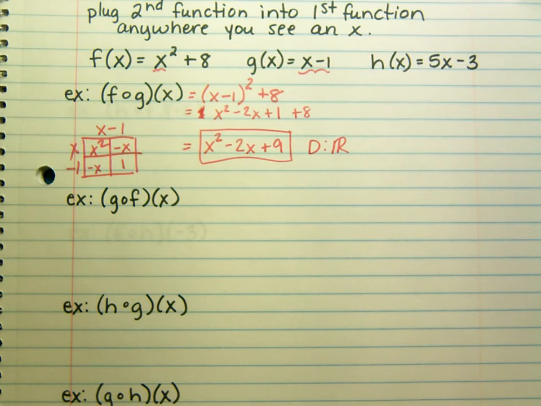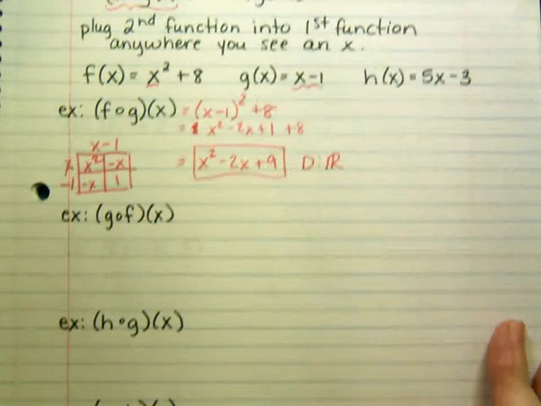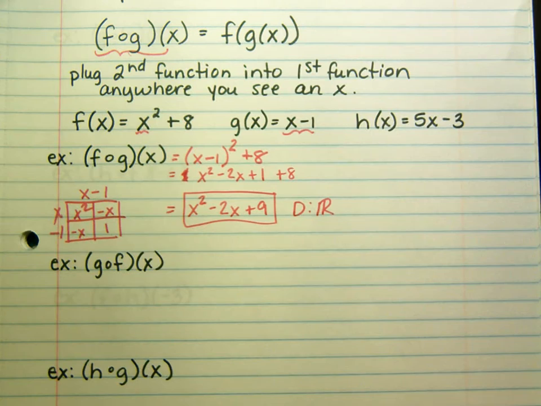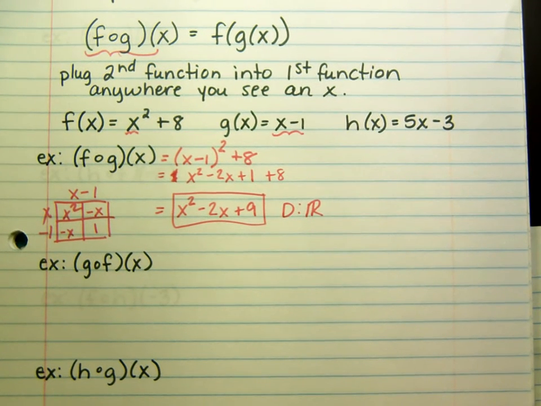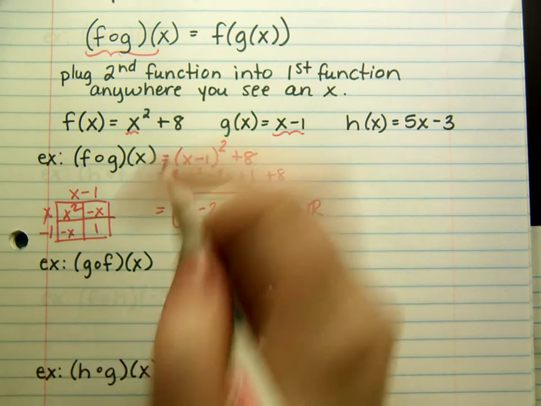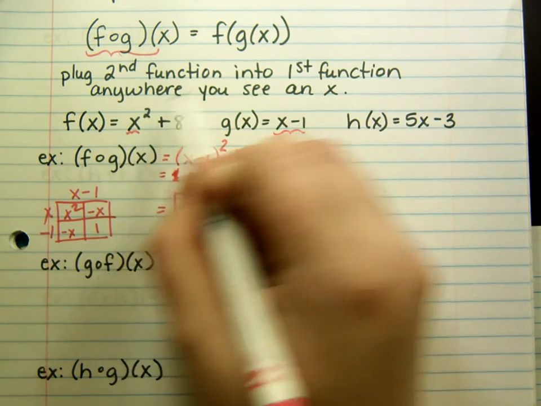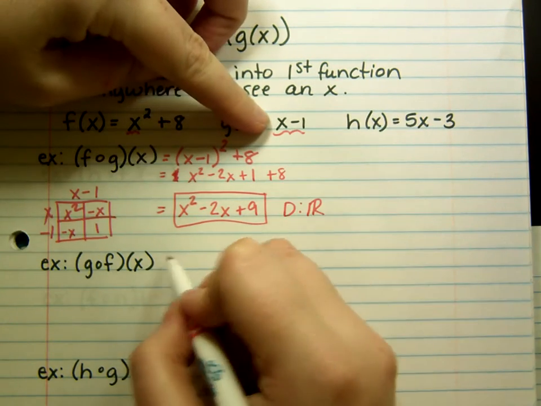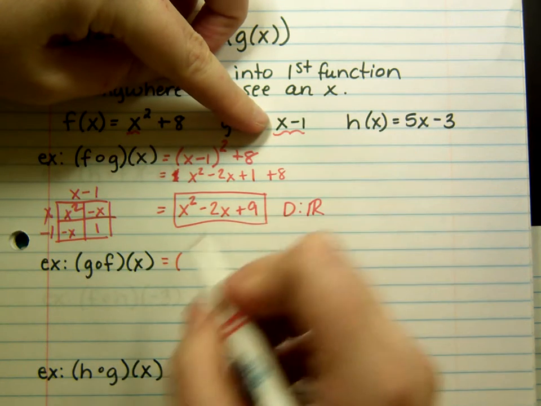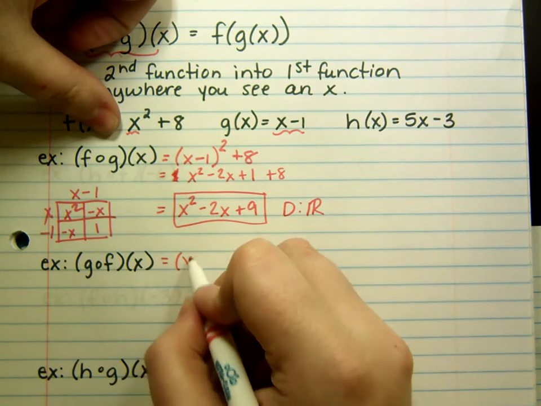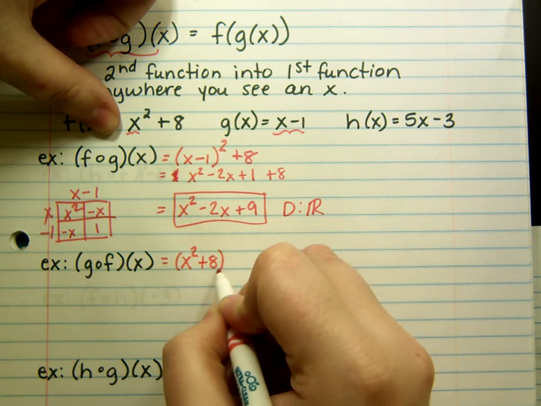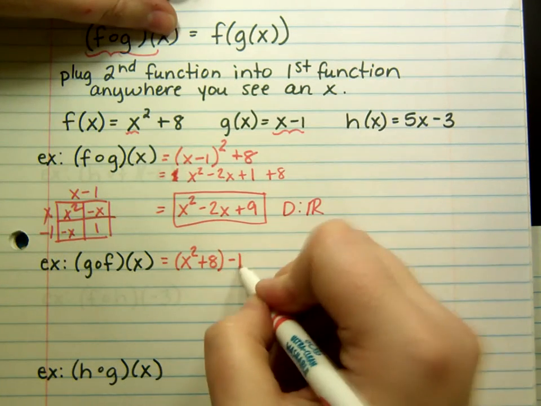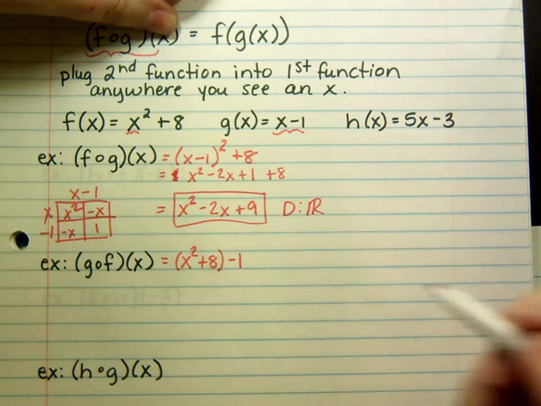Now if I go the other way, sometimes it's easier one way than another. So now what I'm going to take is plug f of x into g of x. So in g of x, it's x minus 1. So instead of x, I'm going to replace that with x squared plus 8, and then minus 1 to continue g of x.